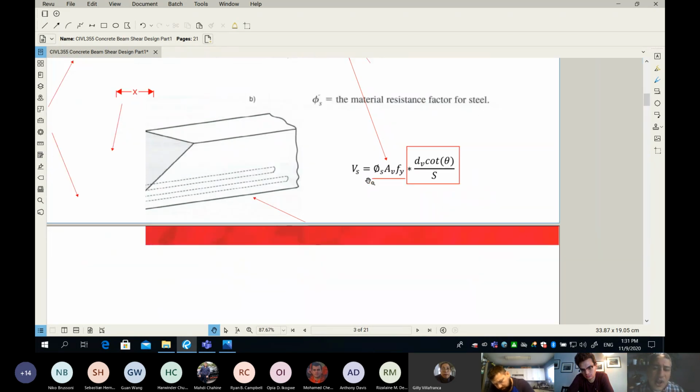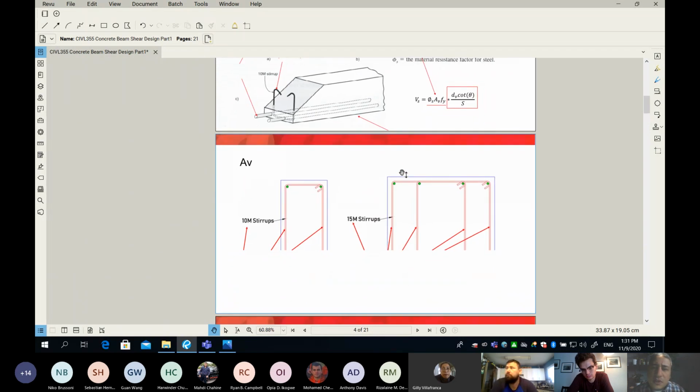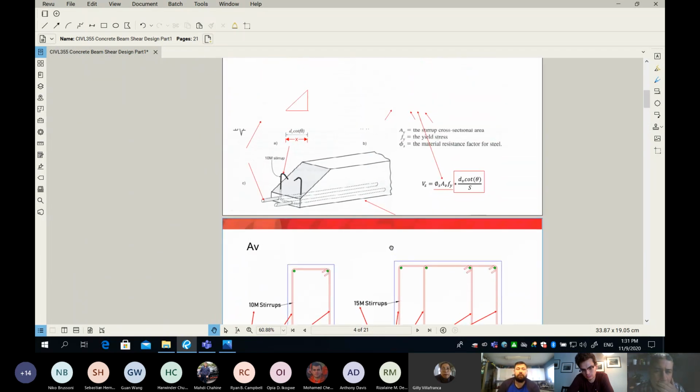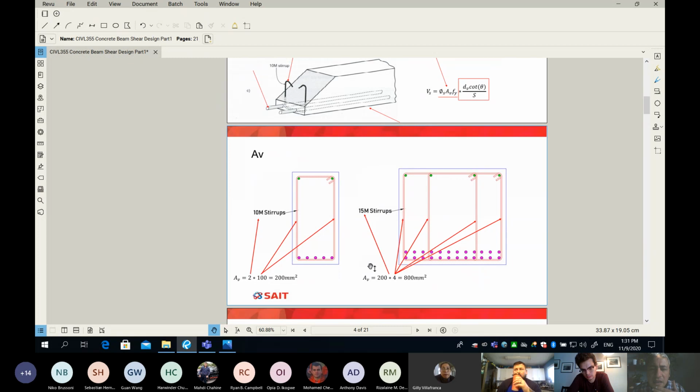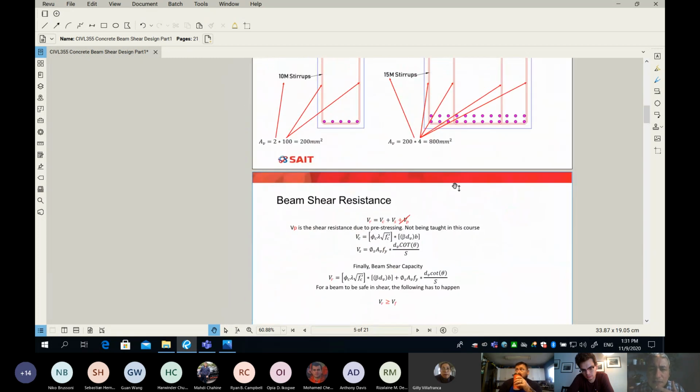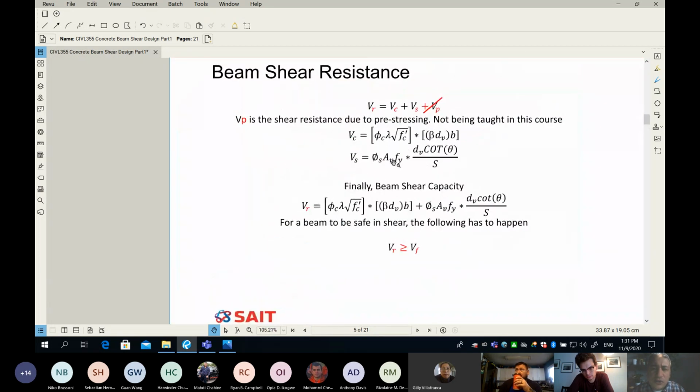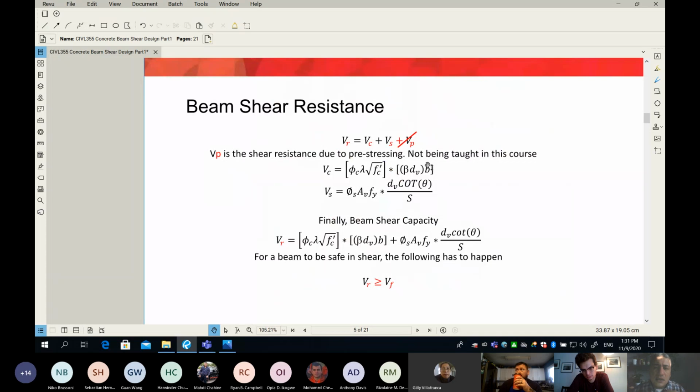So finally, guys, here is my final conclusion. I'm going to skip this. I'll come back to it, but let's go to this final conclusion here. So we said that my beam shear capacity, called V sub r, has two components.